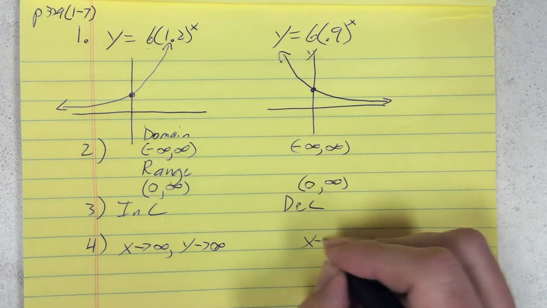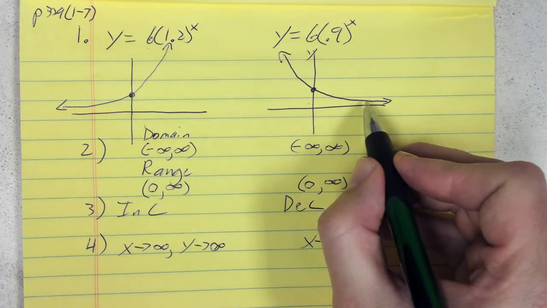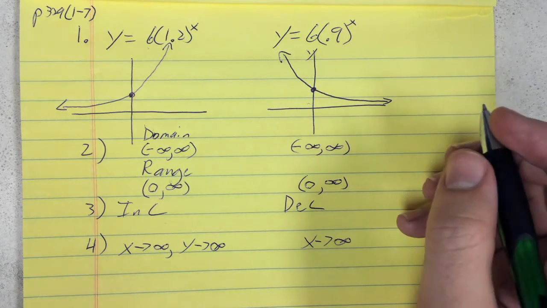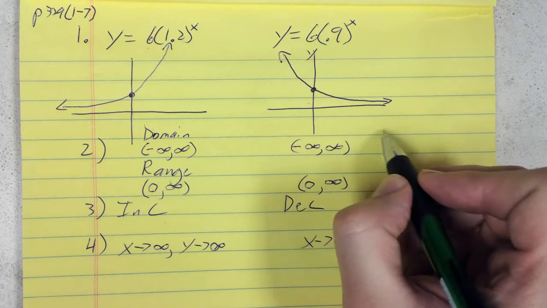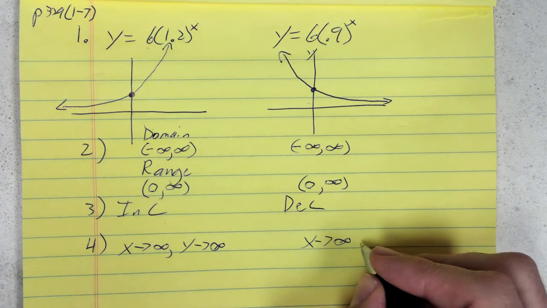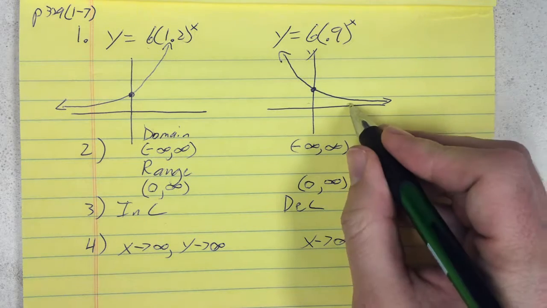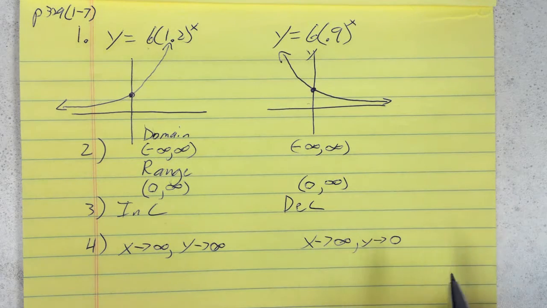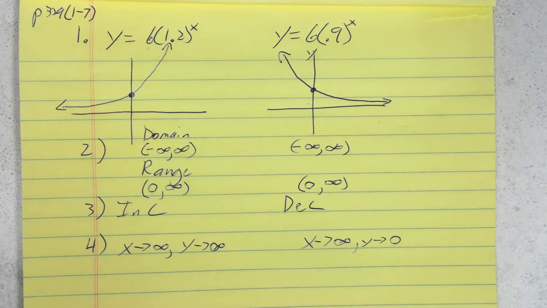The second one, as x approaches infinity, we're on the x going along, y is not going down to negative infinity, y approaches 0. It's going to get closer and closer to 0, and that's actually what an asymptote is. It approaches it but does not cross.